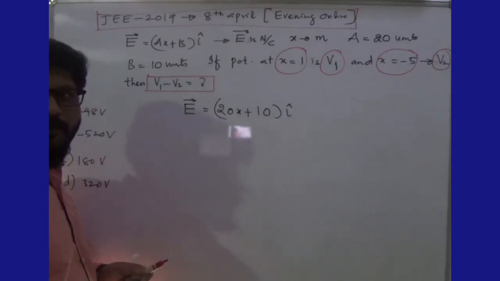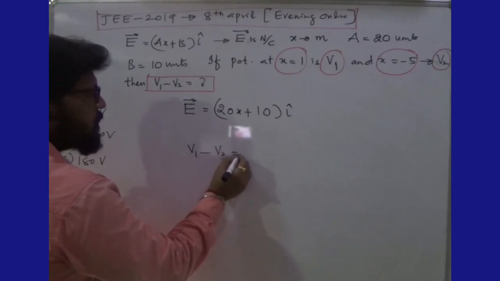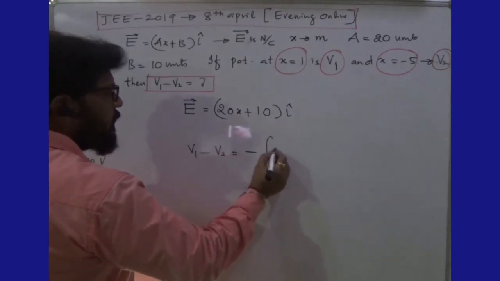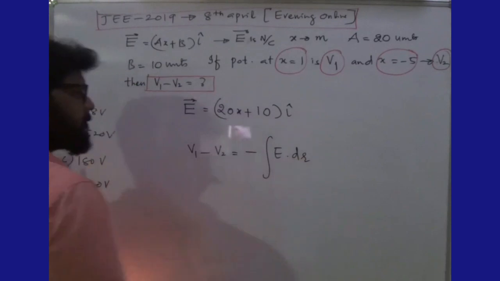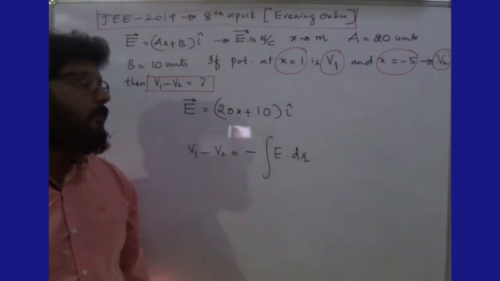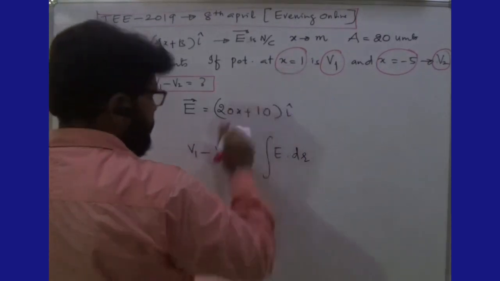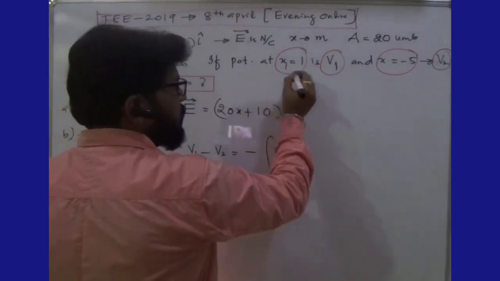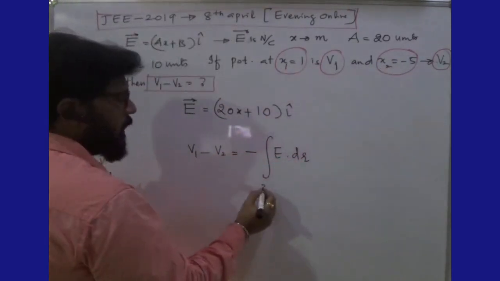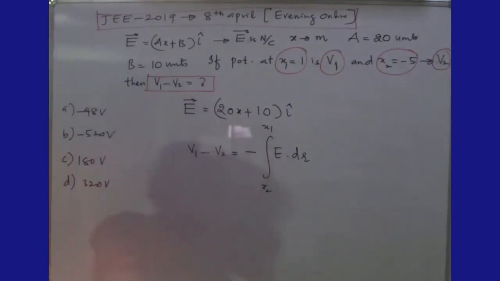Since the field is non-uniform, V1 minus V2 is equal to minus the integral of E dot dr, from X2 to X1, that is, from minus 5 to 1.